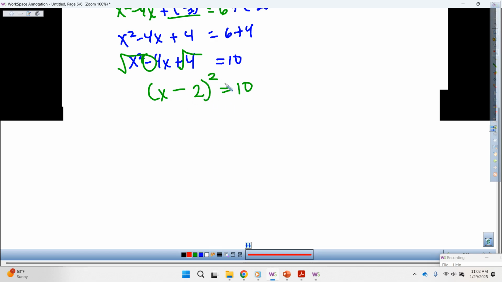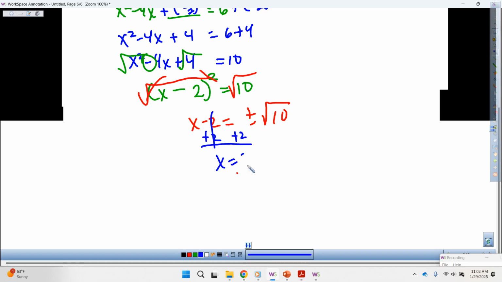Gabriel, help him out. Square root both sides, x minus 2 equals plus or minus square root of 10. Yes? And then we solve for x, so that means I add 2, x equals 2 plus or minus square root of 10. And then from there we just write our two equations, 2 plus square root of 10, 2 minus square root of 10.